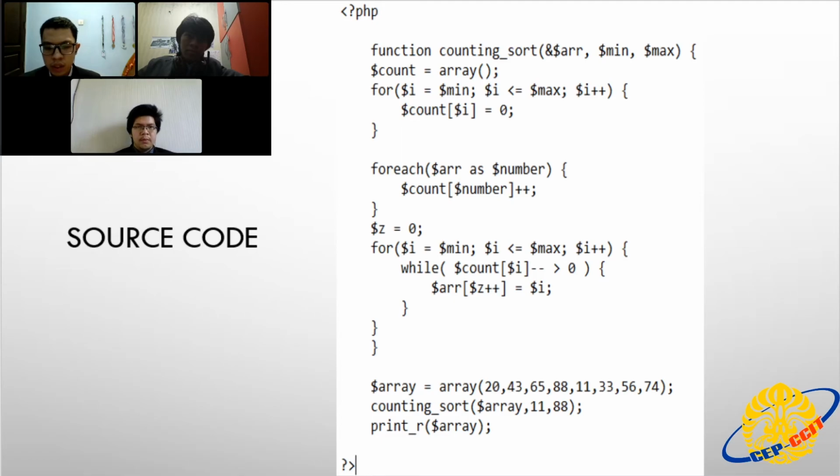In this code, the user can't put in random numbers because the numbers are already put in by the system. The process is the same as the previous PHP code.